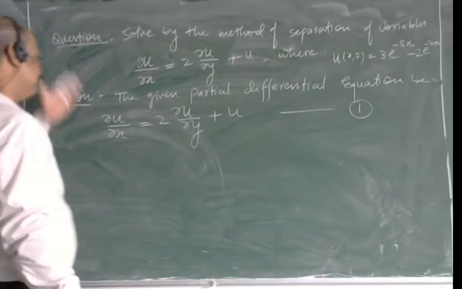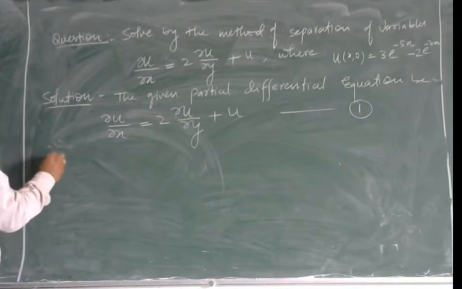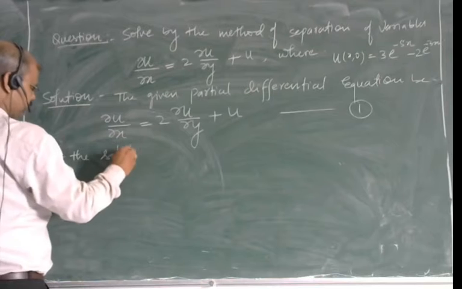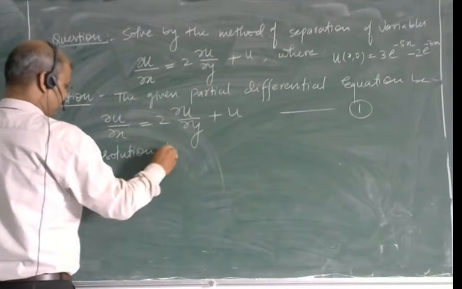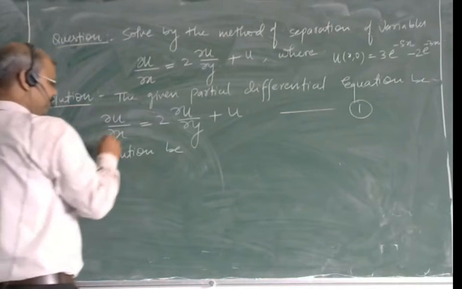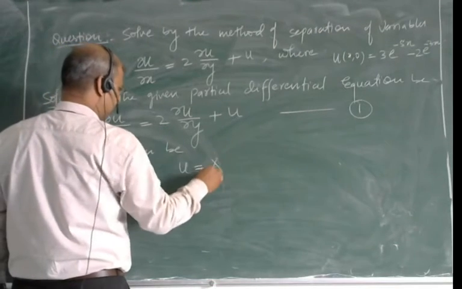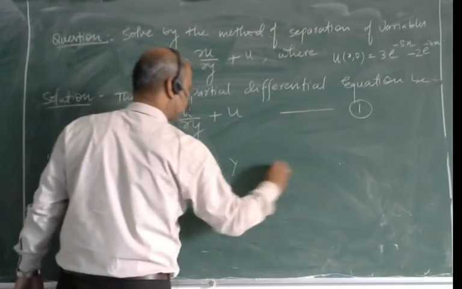So, by the method, let the solution be expressed like this, u equals X(x) Y(y).